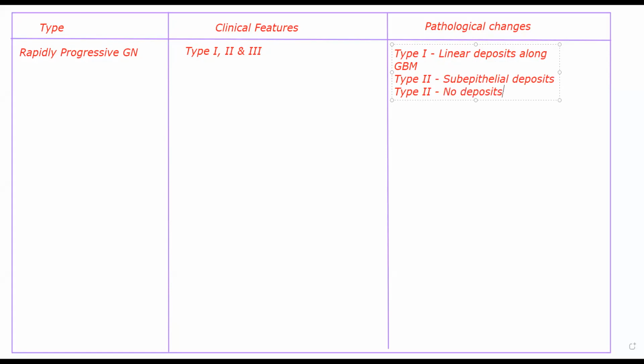Now I'm intentionally not going deeper than this because it will unnecessarily get confusing for you. This much is enough. Okay. Now, in certain textbooks, you will have the morphology of all of these, and each of these will be defined in detail: what is type 1, what is the pathology behind it, what is type 2, what happens in it, and all of that. You don't need all of that. Okay, just remember the clinical features.